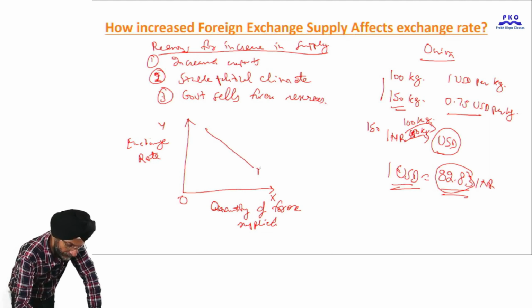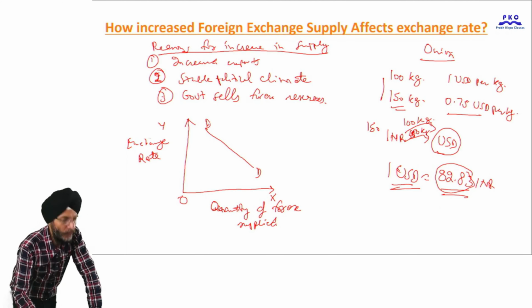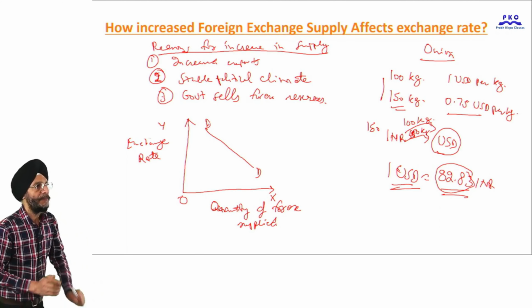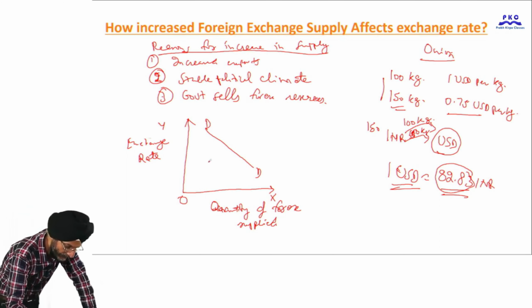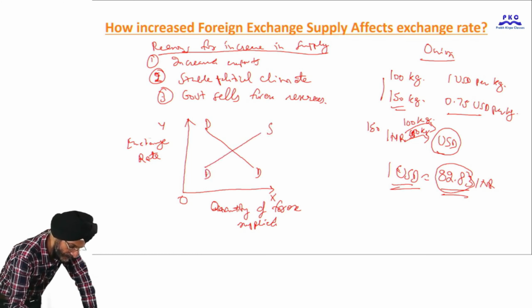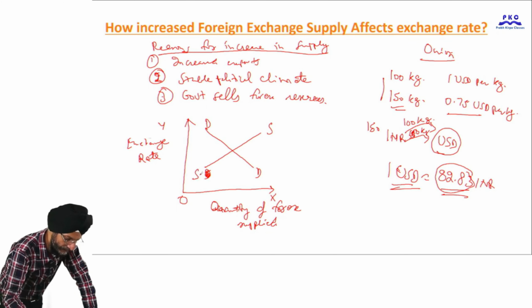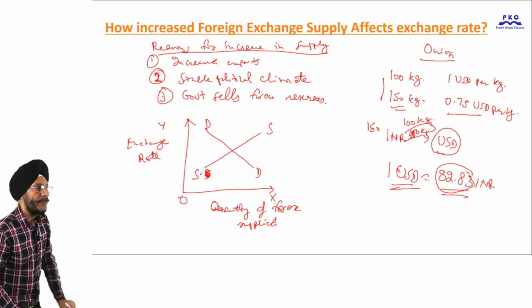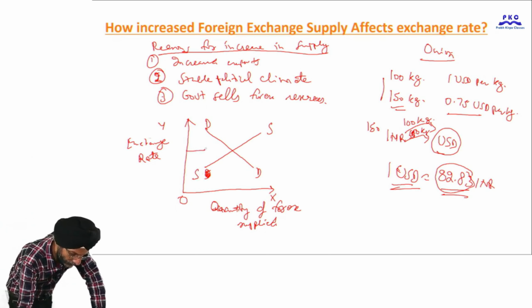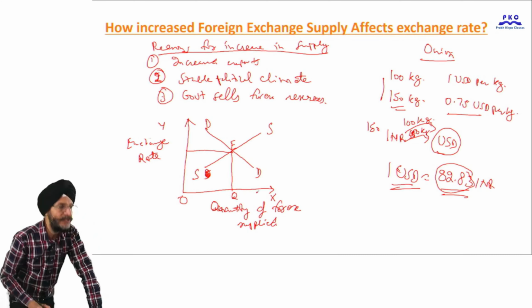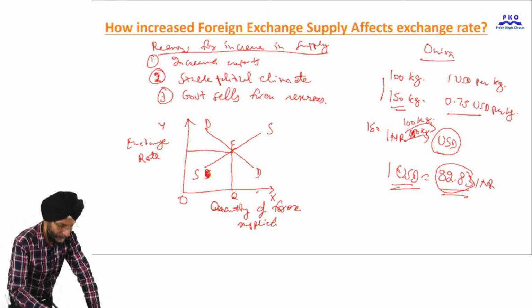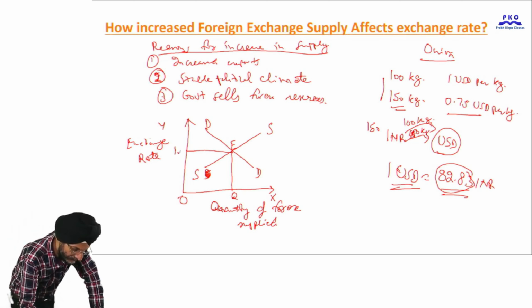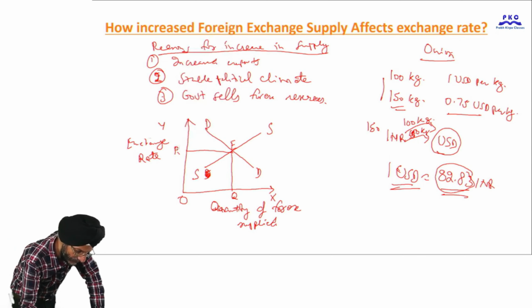As you know, the demand curve is downward sloping. DD is the demand curve, which is downward sloping, SS is the supply curve. So here the equilibrium point is E and OQ is the quantity supplied at exchange rate R.